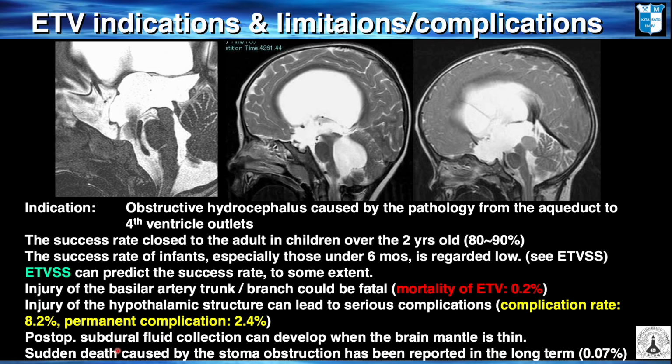And sudden death caused by stoma obstruction has been reported in the long term. Several years later, this can happen. The incidence is very small, but you can't ignore this possibility, and routine regular checkup by MRI is required even after ETV.